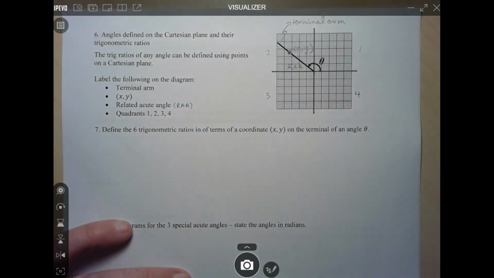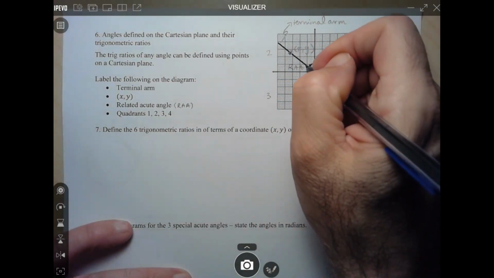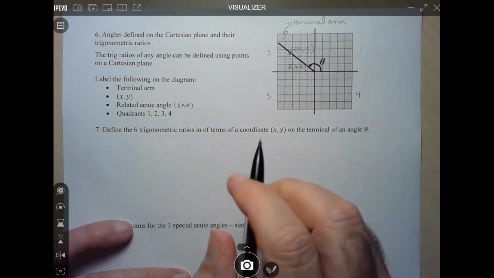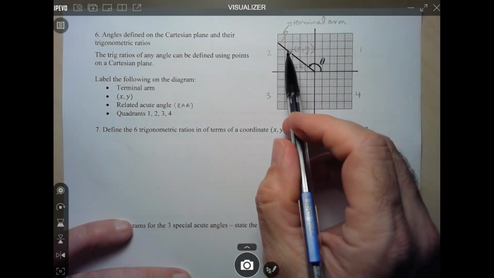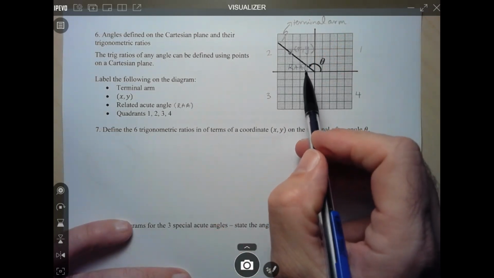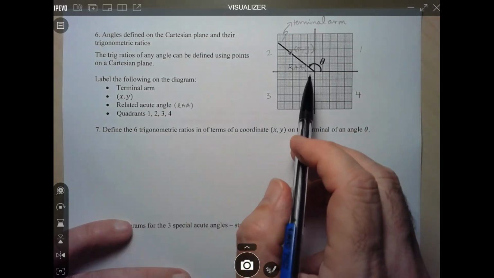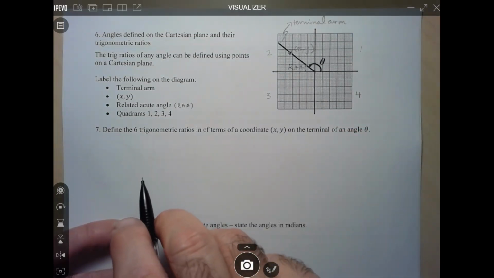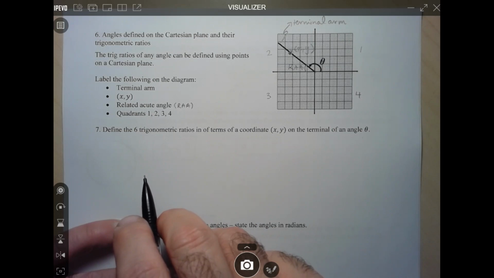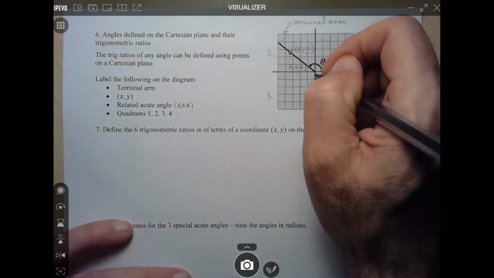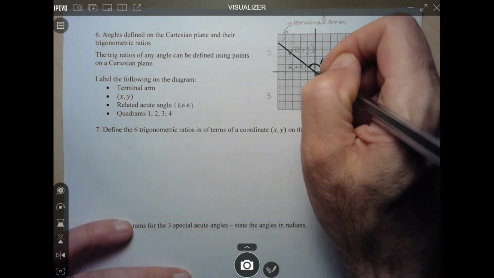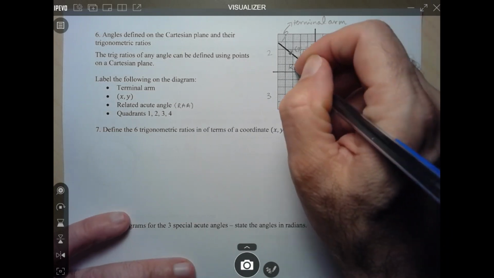Okay, which is the acute angle produced by the terminal arm to the x-axis, whichever part of the x-axis is closest. Say I'm in the fourth quadrant, so I don't mess it up there.